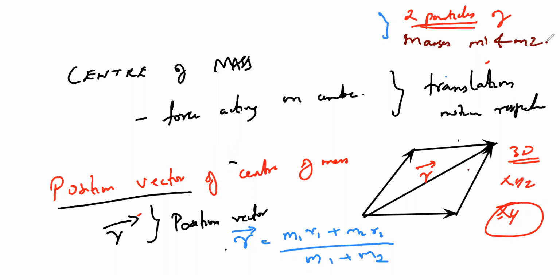And their respective positions are R1 vector and R2 vector. And this is the position vector of the center of mass, that is R vector Cm, where Cm stands for center of mass. So this is one of the most important formulas in this.